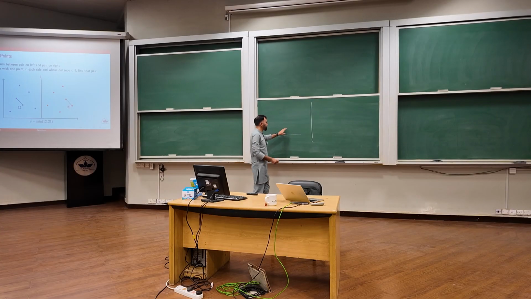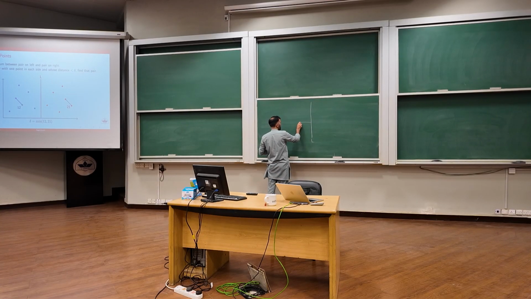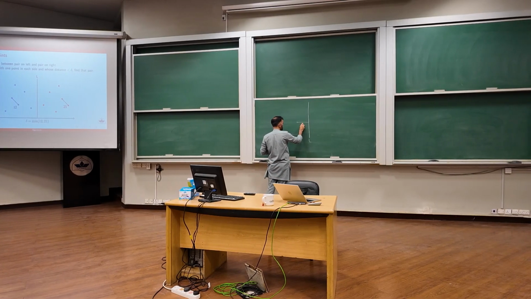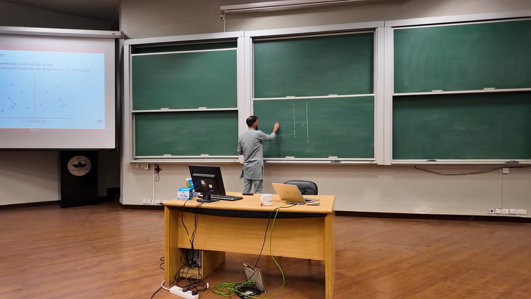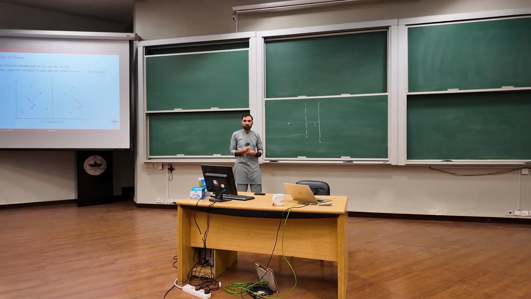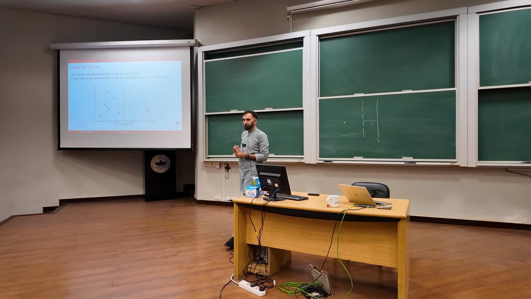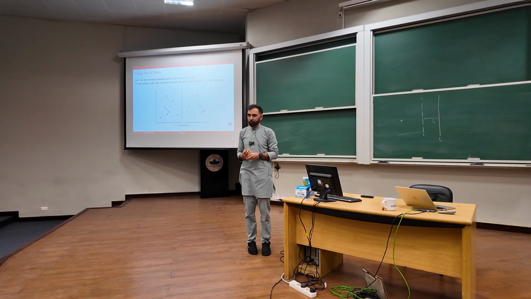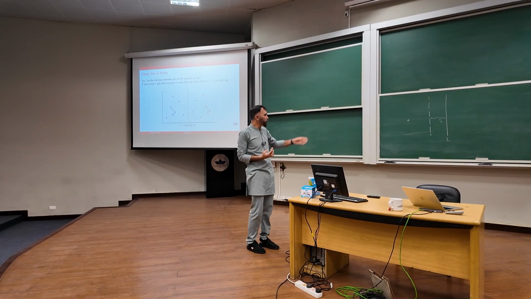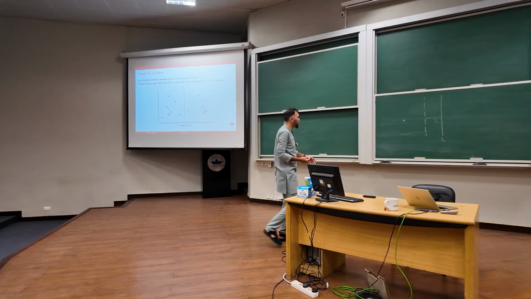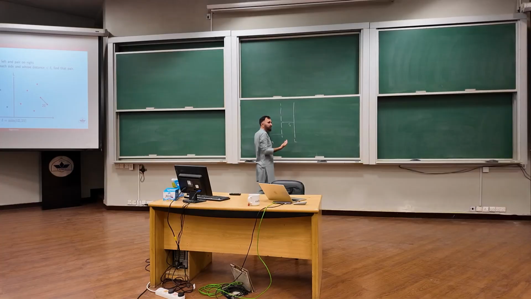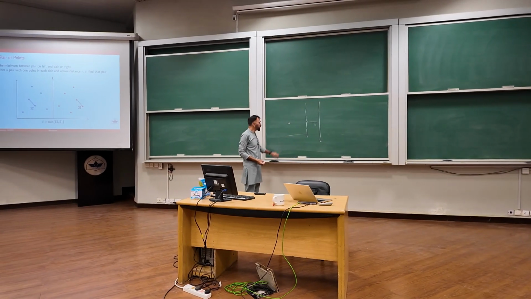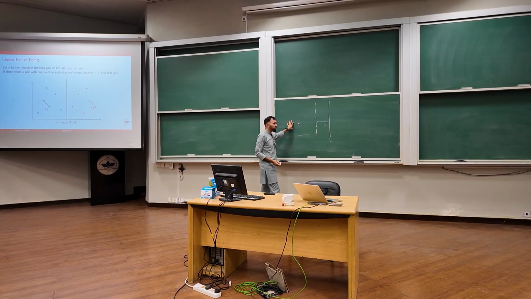And what I'm saying here is that if there is a point which is at distance more than delta, then this point is not something that could become a closest pair with any red point. Because this point is already at distance delta from L, which means the distance of this point from any red point is going to be at least delta or more. Okay? So we don't need to take care of this point.